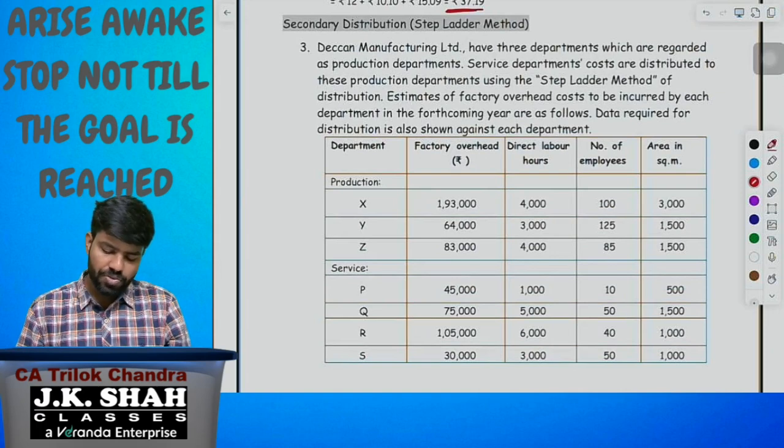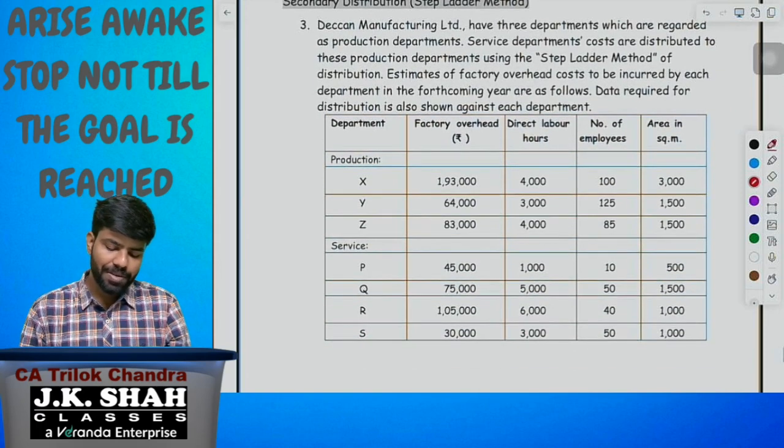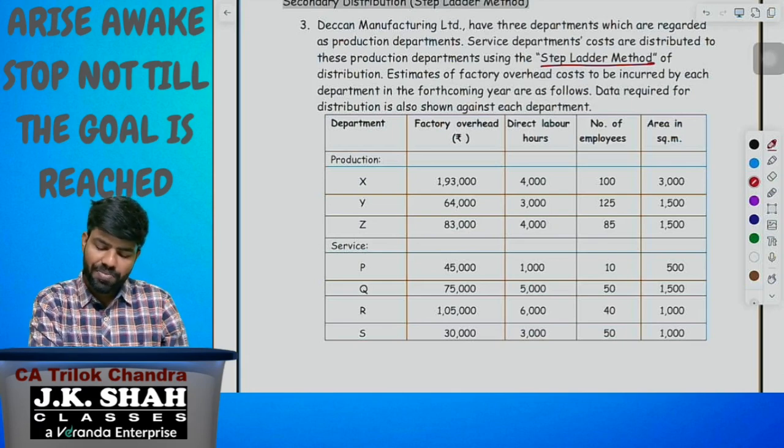Next. This question is based on the step ladder method. Look at here. Deccan Manufacturing Limited has three departments which are regarded as production departments. Service department costs are distributed to these production departments using the step ladder method of distribution. Estimates of factory overhead costs to be incurred by each department in the forthcoming year are as follows.